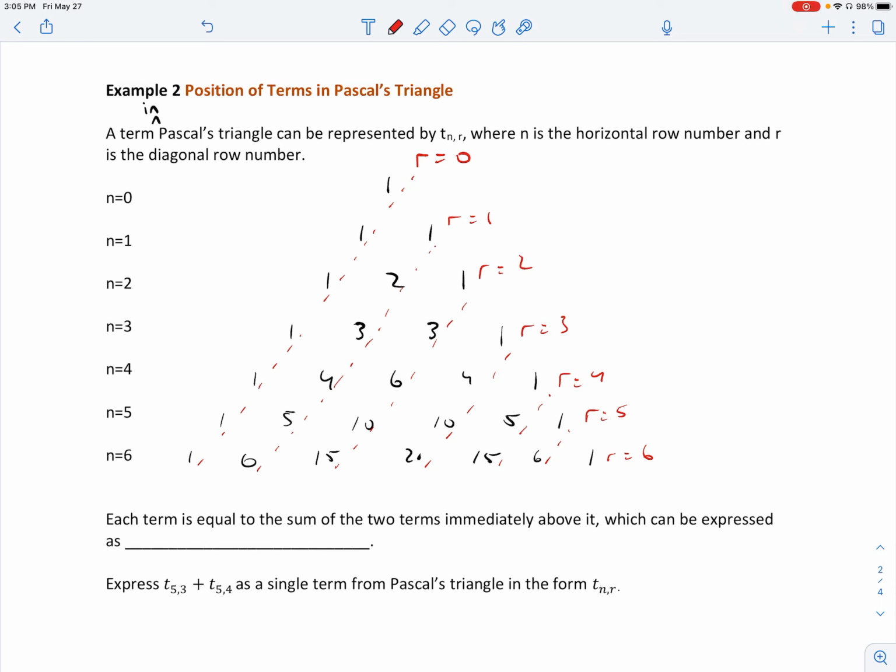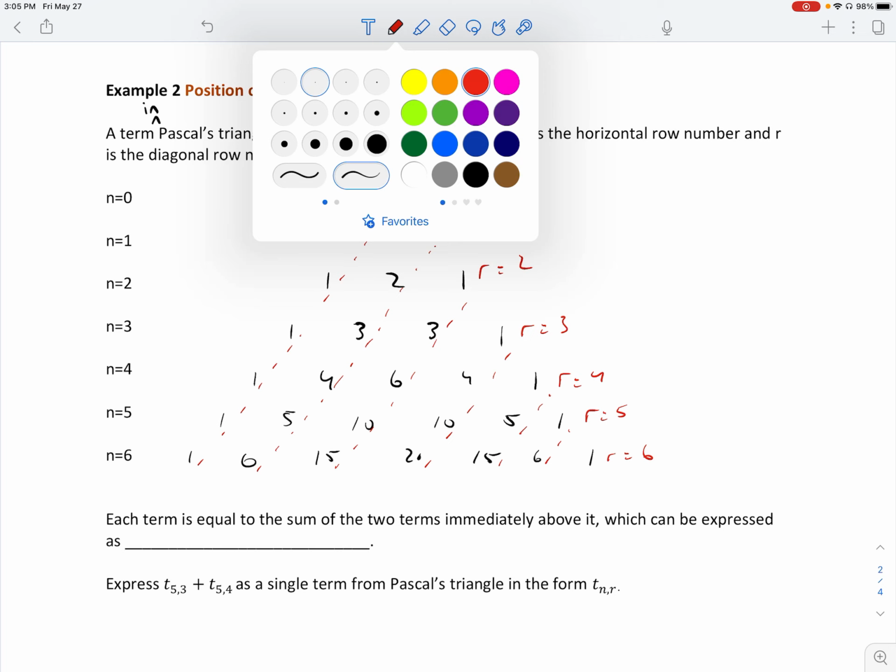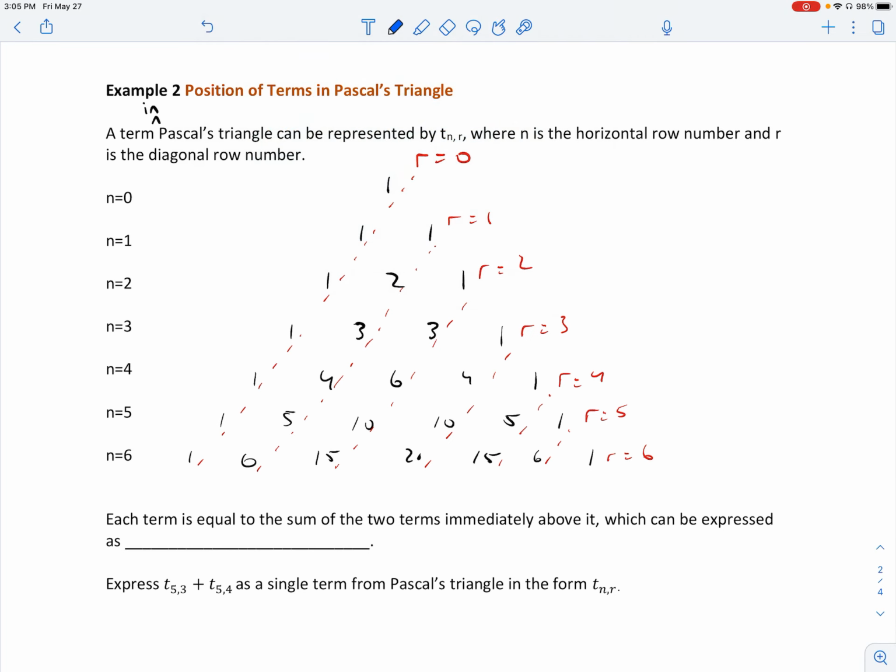So all the elements in Pascal's triangle could be represented using the letter T. So T of n comma r. The n represents the row number, and r represents the diagonal.